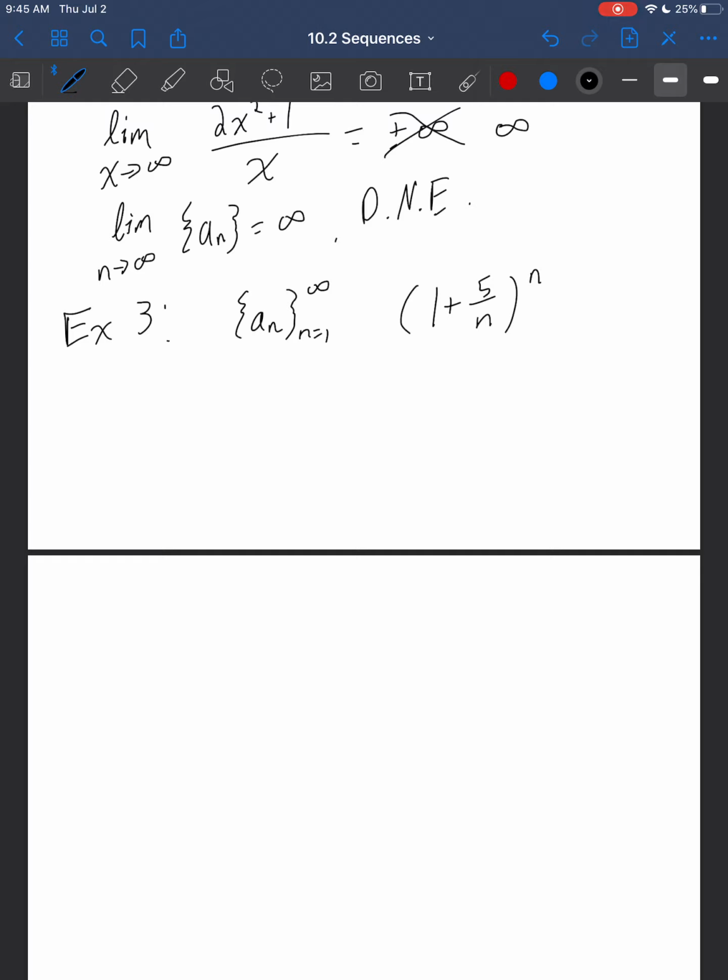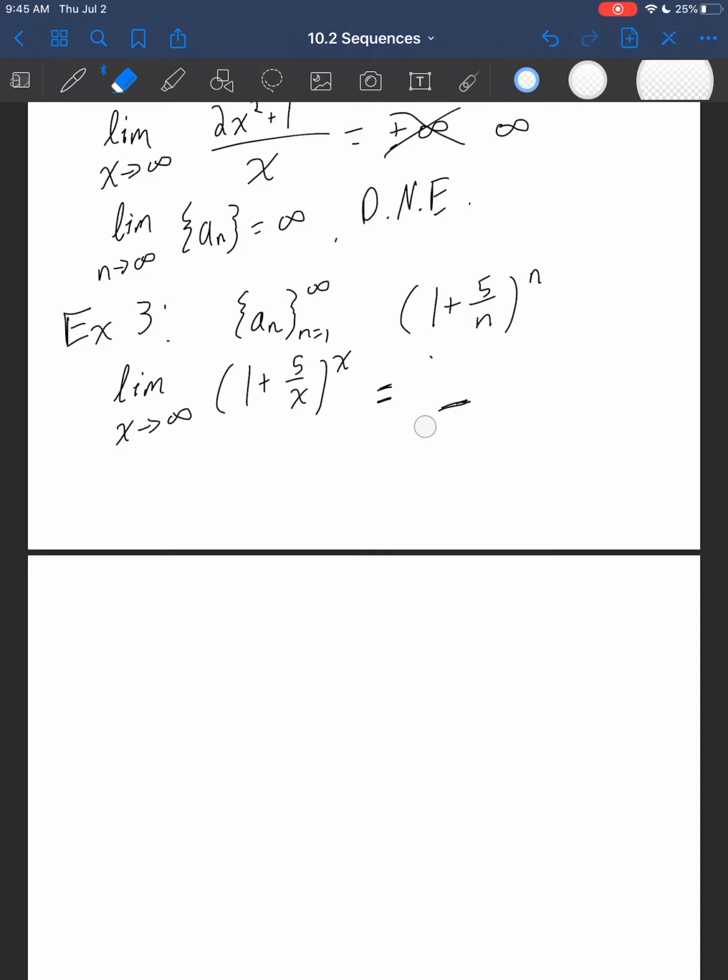Okay. Same as before, we're going to convert this into x's by replacing all n's with x's, and we have the limit as x goes to infinity of (1 plus 5 over x) to the x. And let's just say this is equal to some value L, and we'd like to figure out what L is.